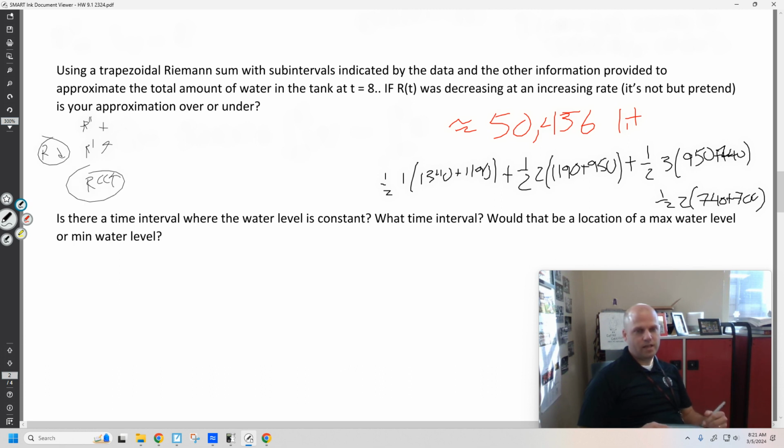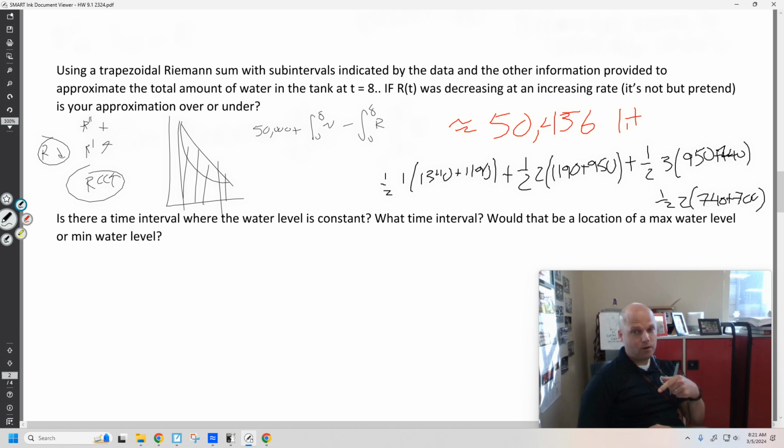If R is going down and concave up, and you're using a trapezoidal Riemann sum, this will be an over approximation of how much went out. So if you have 50,000 plus a total amount in, and you subtract more out than you should be, this is an under approximation. Under because my trapezoidal Riemann sum of R is over, and I'm subtracting more.